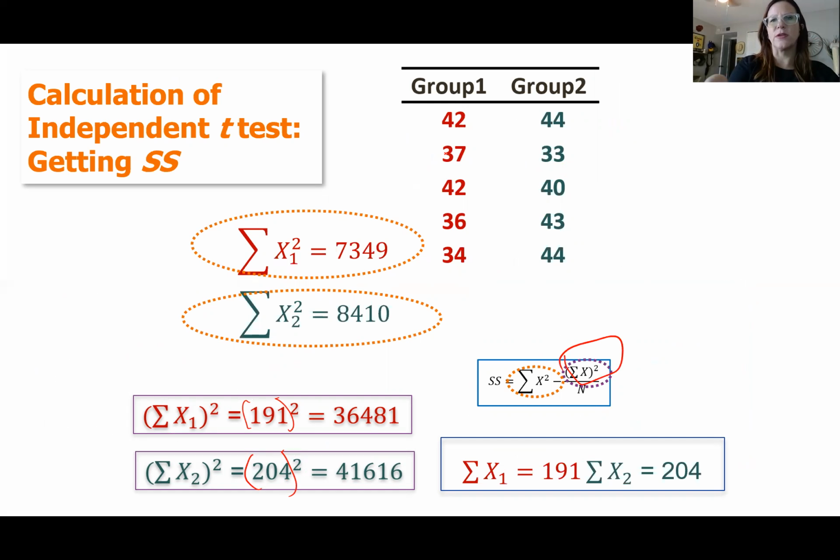And the sum of x squared is each x score squared, and then added to a total basically. Same thing here. So those would go in this spot to calculate your sums of squares.